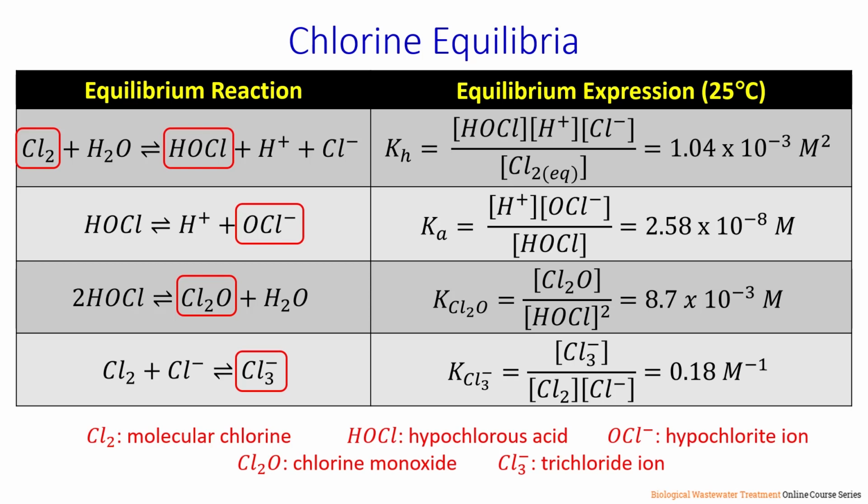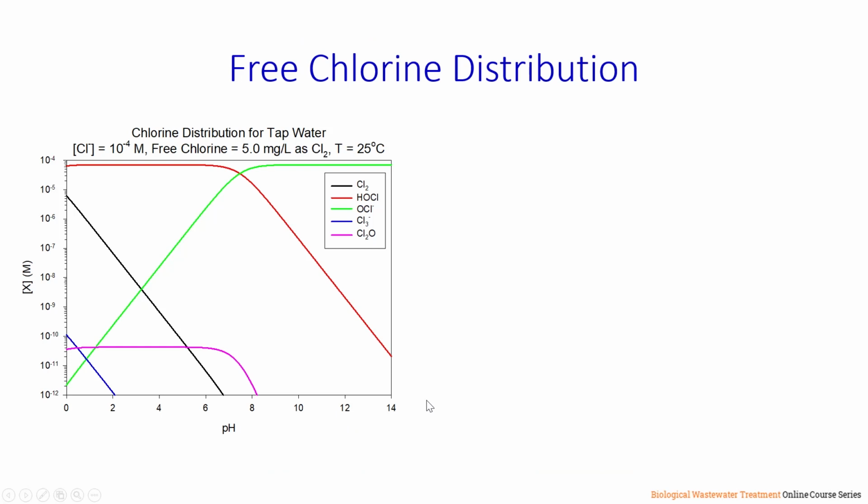And because all of these reactions are rapid in both the forward and reverse directions, they come to equilibrium relatively quickly. That allows us to do some calculations of the distribution of chlorine among these various forms as a function of solution chemistry. As an illustration, consider this graph, which illustrates the distribution of chlorine among its 5 different forms for tap water.